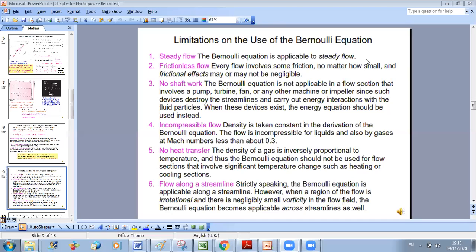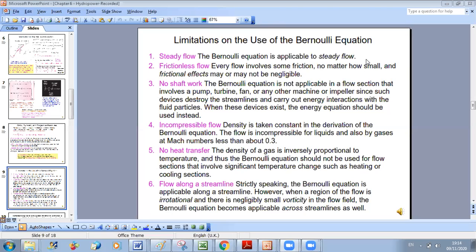Okay. Now, for incompressible flow, the density in general, we can apply sometimes Bernoulli for flow with variable compressibility, but the variation of compressibility should be very small. Okay, so density can be considered constant even for a gas, but the condition is that Mach number is less than 0.3.